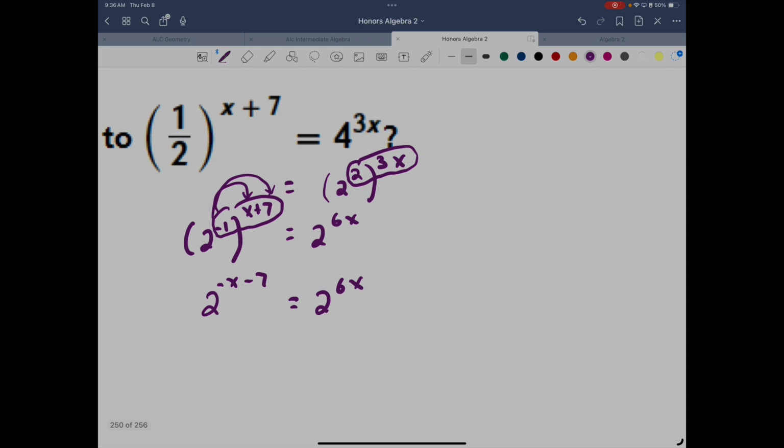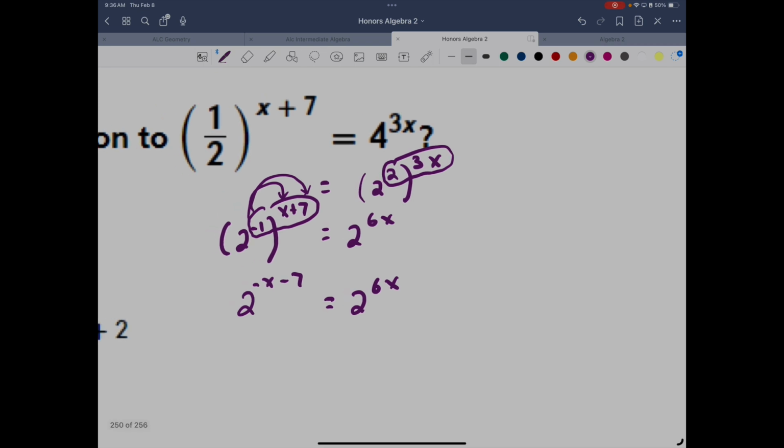Now we've manipulated those so that they have the same base. Now that they have the same base, we can just go ahead and set the exponents equal to each other.